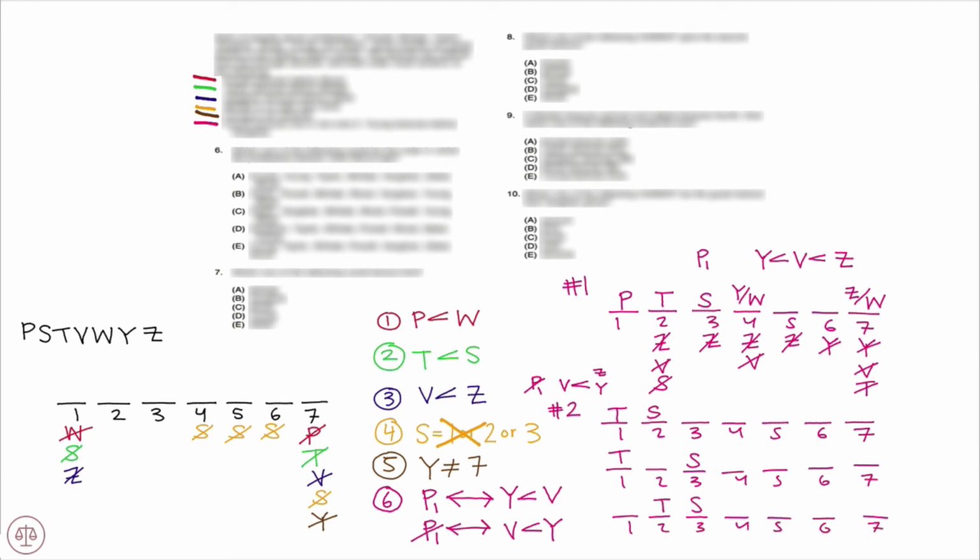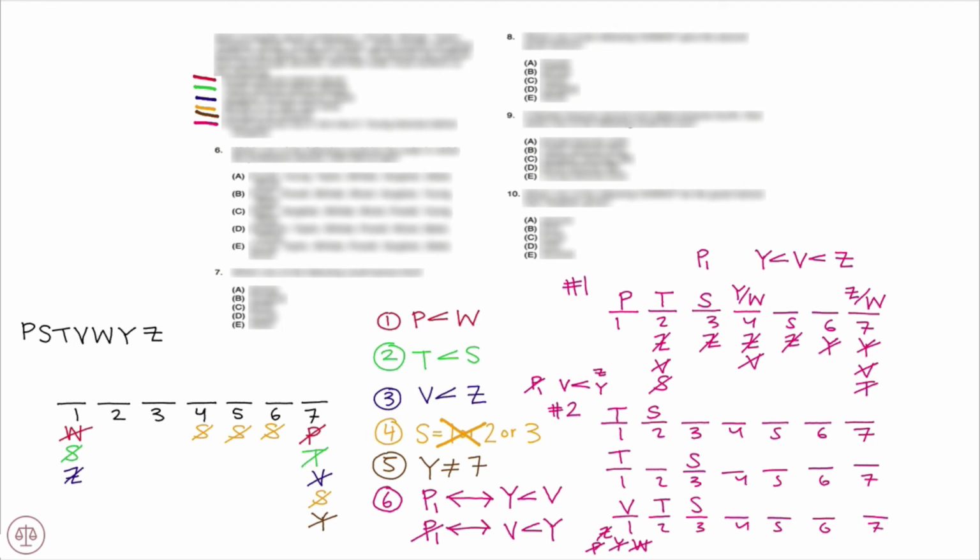So in our last option, we know we can't have Z first or Y first because V is before them. We know we can't have W first because P is before W. And we know that P isn't first. So that leaves V. So we know V is first here. In our second scenario, let's determine who the second professor is.